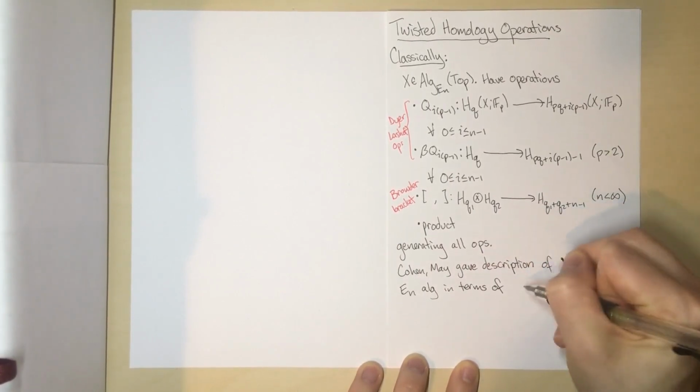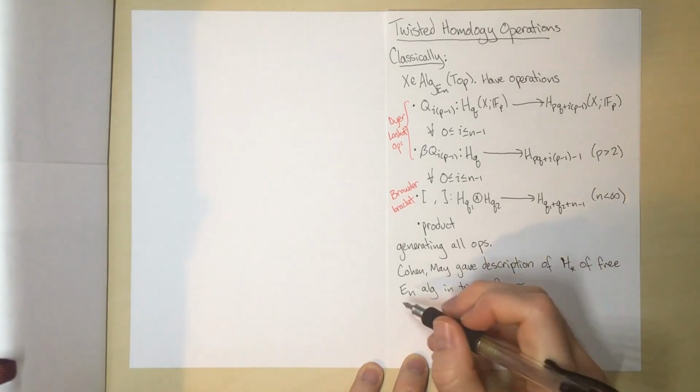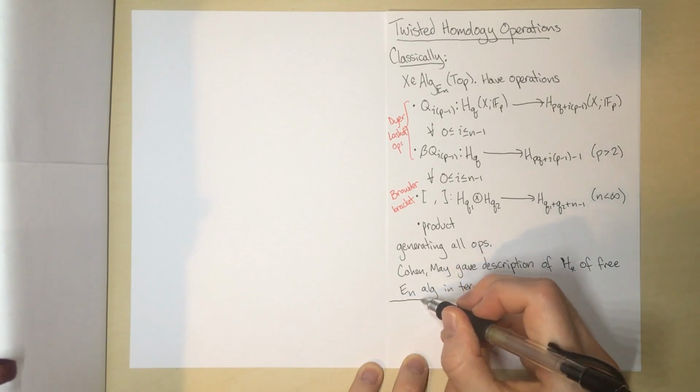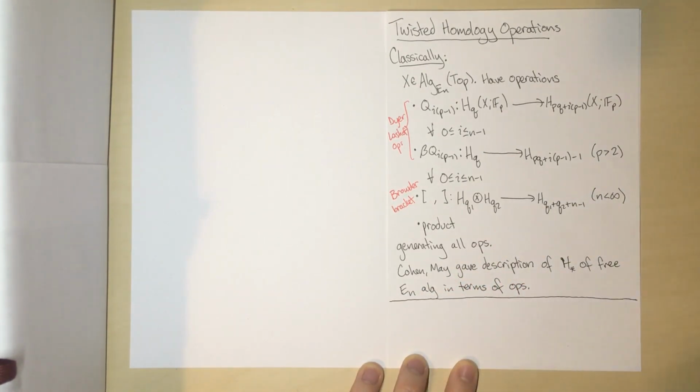So they defined some appropriate free functor such that when you apply it to the homology of X, it computes the homology of the free EN algebra on X. So this is, of course, very useful for computations, but it's also just a really nice result in general. So that's all I'll say about the classical case.